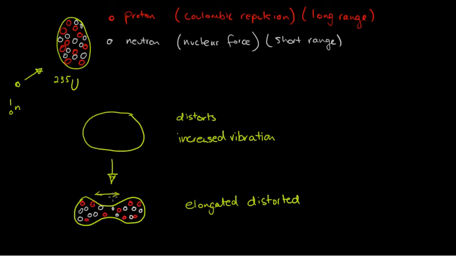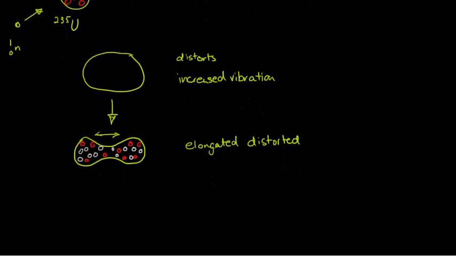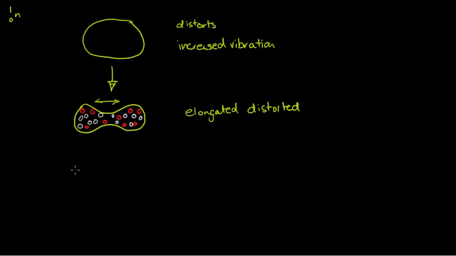Okay, so that is an increased distance there, and that short-range nuclear force can't act anymore, but that long-range repulsive force does, and it blows that nucleus apart, splits it in fact, and that's what fission is. So a splitting of the nucleus, and so we have this plus this.